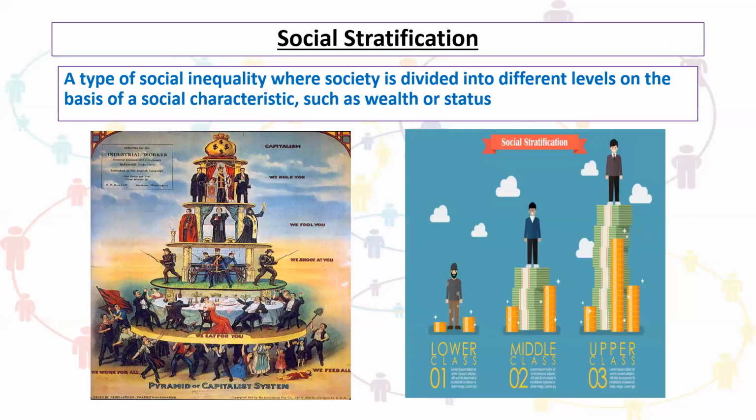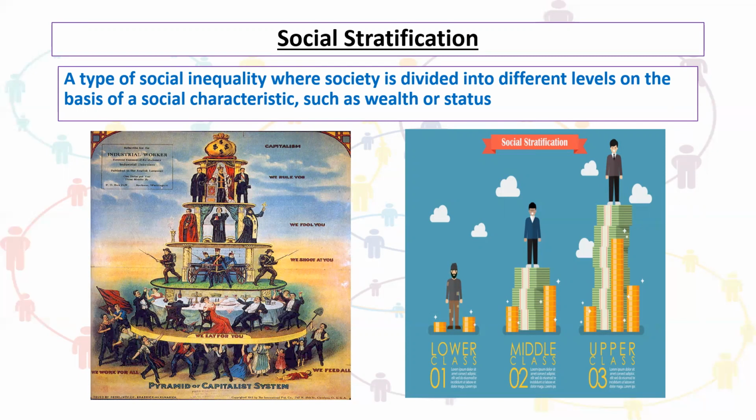So social stratification, let's just get a definition down, because this part of the exam is very much around key terms and definitions. A type of social inequality where society is divided into different levels on the basis of social characteristics such as wealth or status. Stratification is essentially another word for an arrangement or an organization.